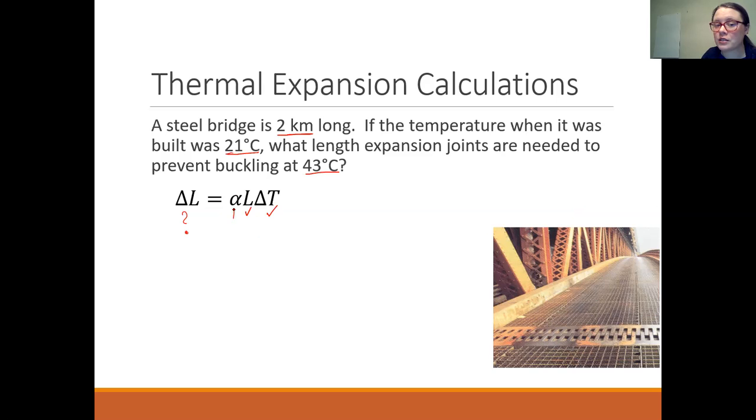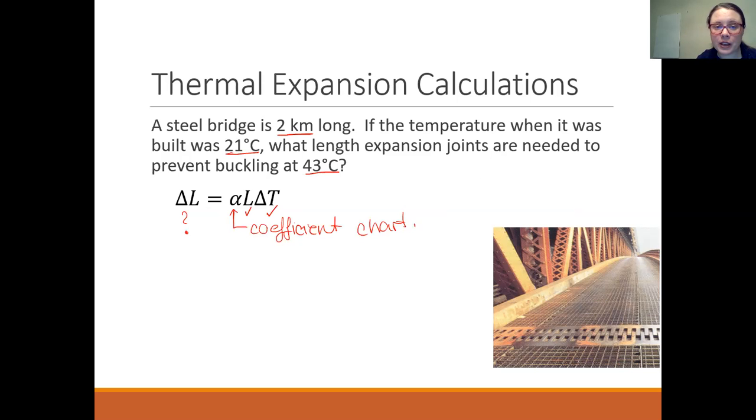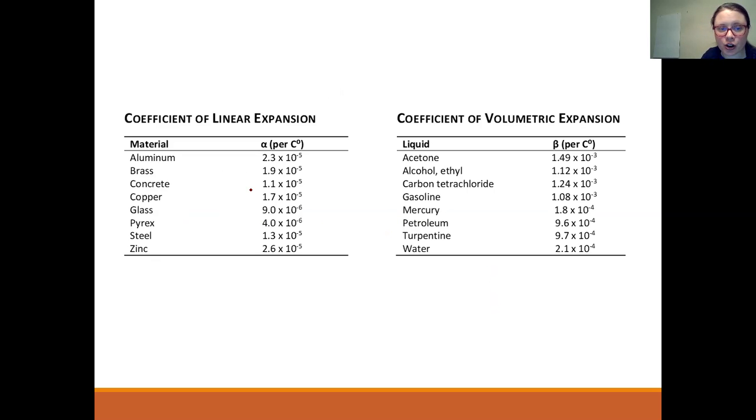Alpha, this is our coefficient, and it's on the chart. So I'm going to pop the chart up here. Our bridge was made of steel. So if I go to the chart and find steel, this is a linear expansion.